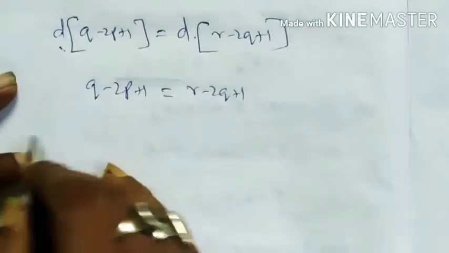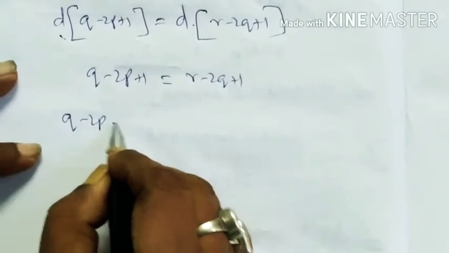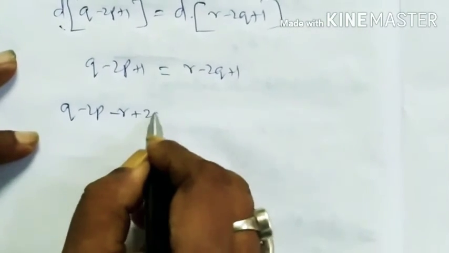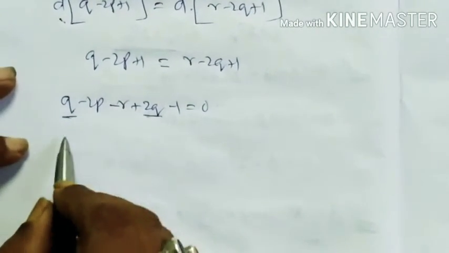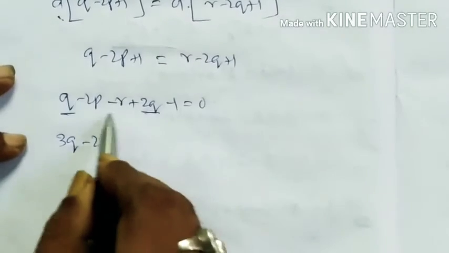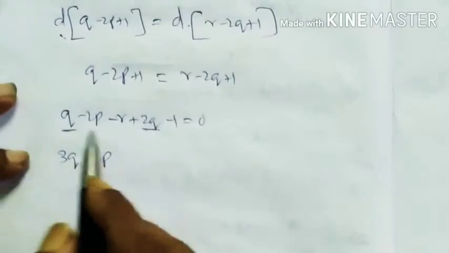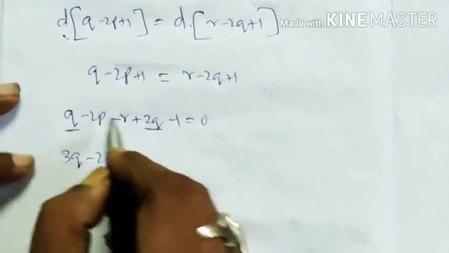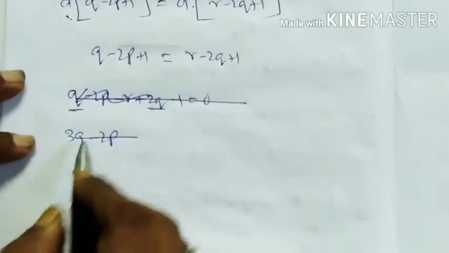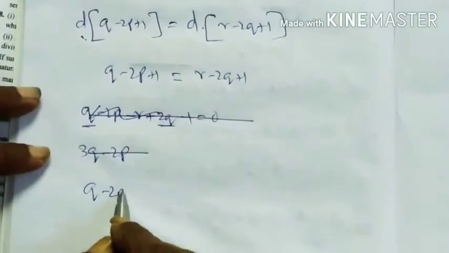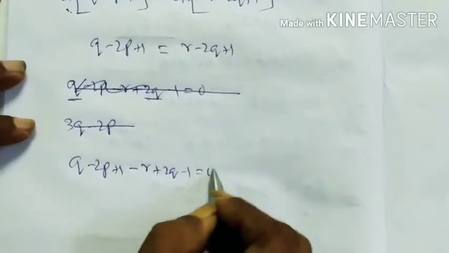I am bringing all this to one side. Oh, I have left 1 here. Let me correct it: q minus 2p plus 1 minus r plus 2q minus 1 is equal to 0.